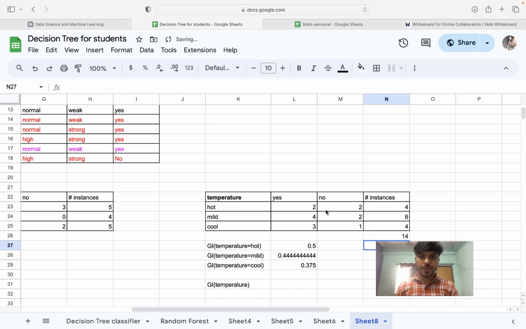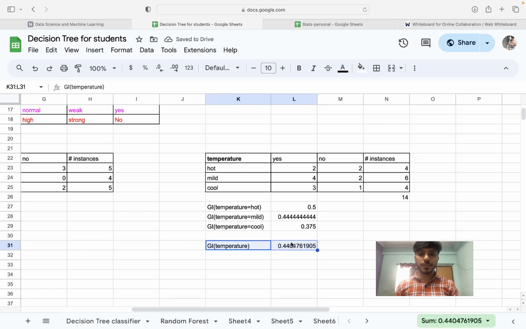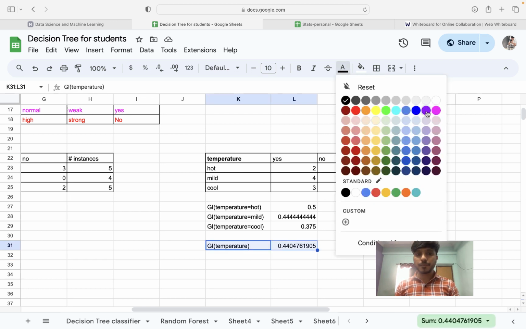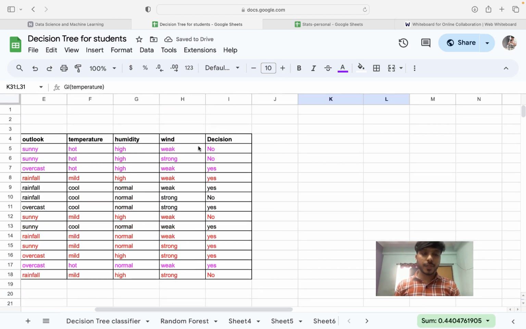So weight of hot, weight of mild, and weight of cool in getting the overall Gini impurity of that column: 4 divided by 14 into 0.5 plus 6 divided by 14 into 0.44 plus 4 divided by 14 into 0.375. That's my Gini impurity of temperature. Similarly, I'm going to calculate it for humidity and wind.